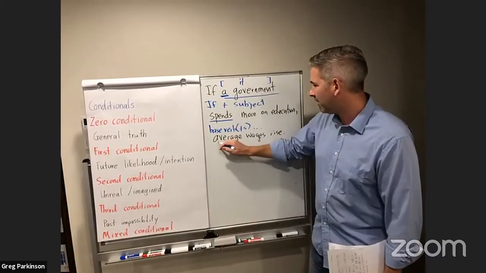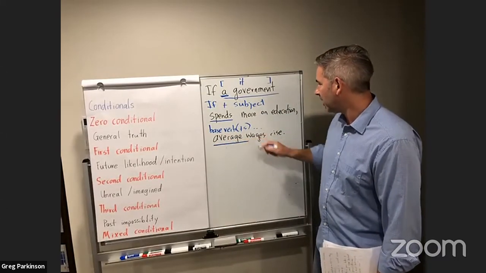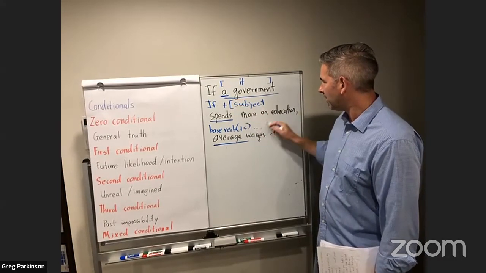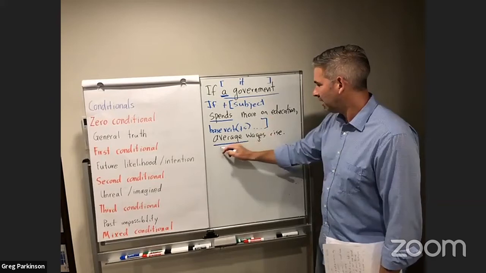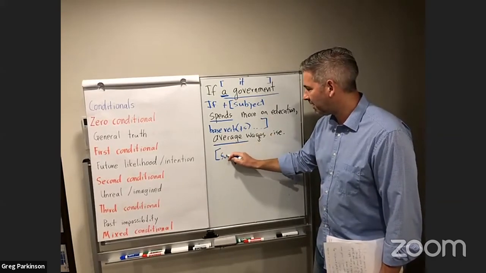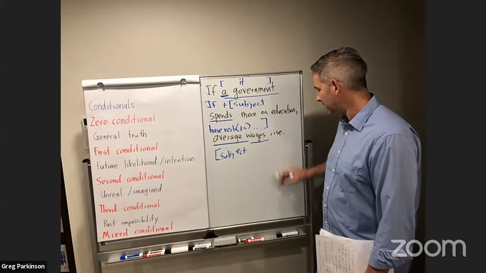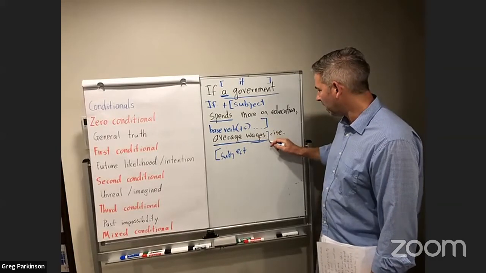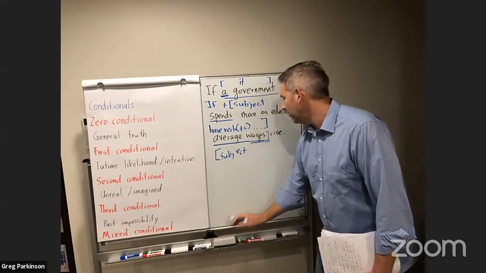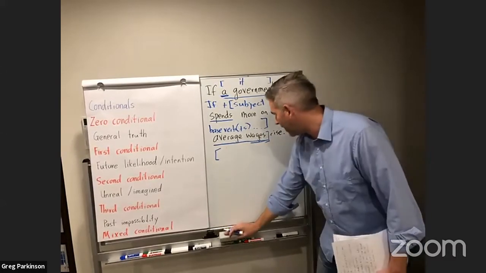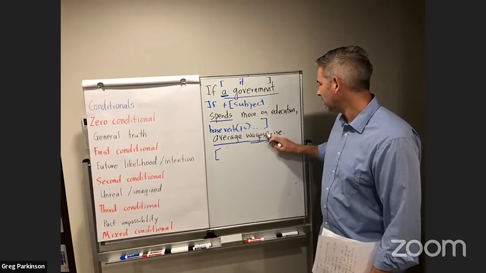And here we have the second clause, right? So this is the first clause. And the second clause, we have another subject because there are two clauses. And average wages, we'll call that the subject. If you want to be really particular, then it's actually wages.